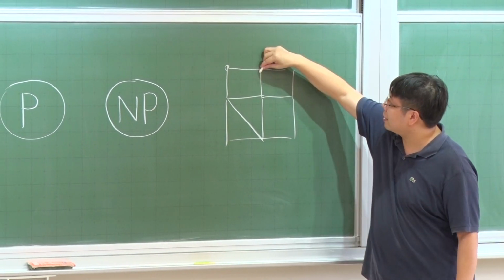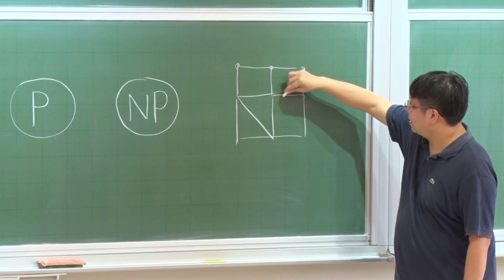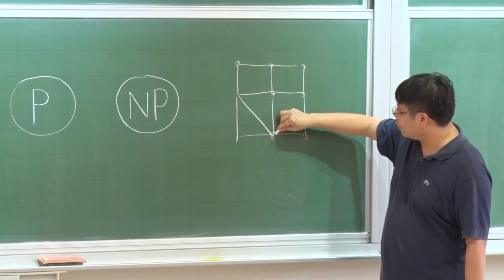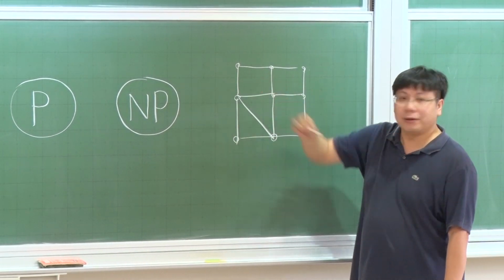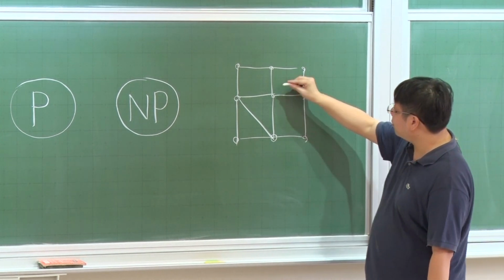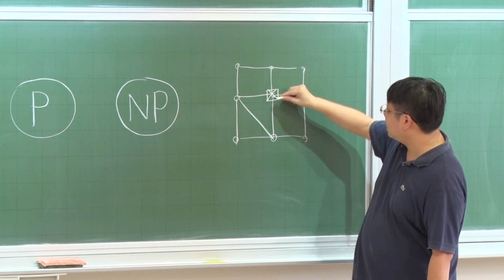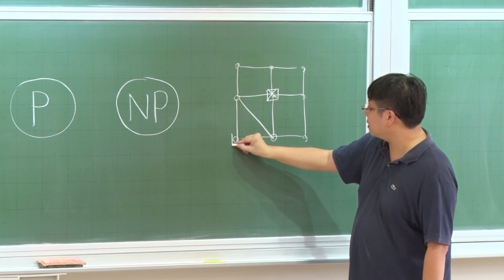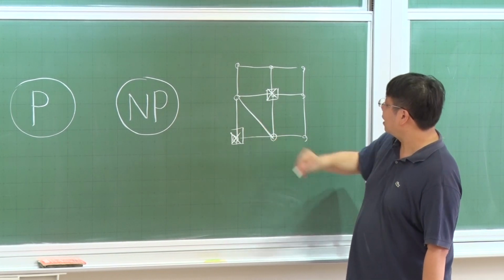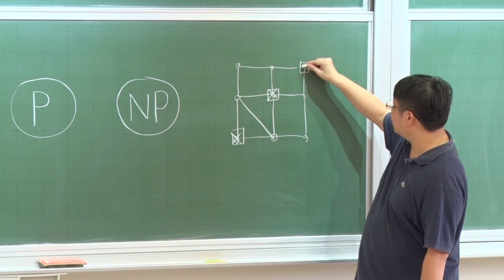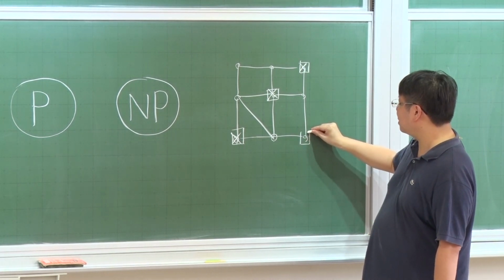So there are road junctions here, and then you want to place some policemen at the road junctions. For instance, I may place a policeman in this part. I may place a policeman in this part. I may place a policeman in this part, let's say something like this. And then I may place a policeman in this part.